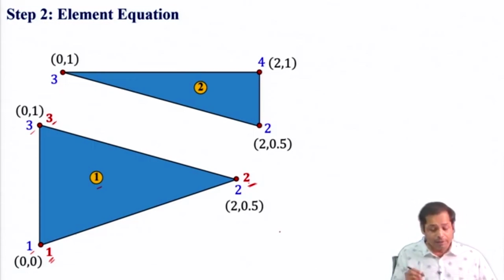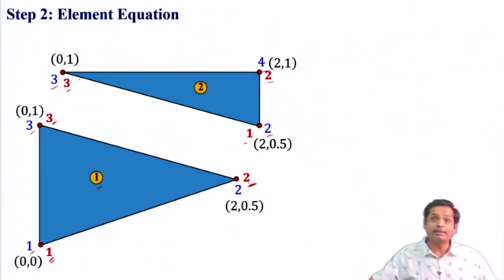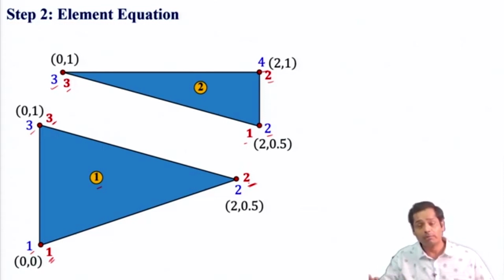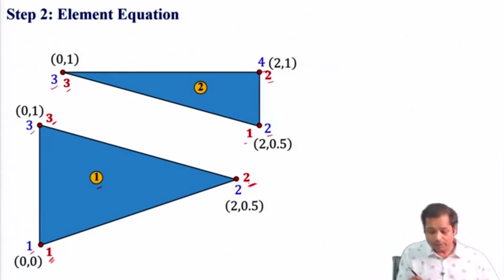Similarly, for element number 2, the blue color indicates the global node numbers 2, 4 and 3, and the element level node numbers are 1, 2 and 3. This is important because when we write the element equation, it is with respect to element level node numbering, but when we assemble them, that assembling needs to be done based on the global node number, right? So we have used this order of numbering in the anti-clockwise direction, 1, 2 and 3 here. It is also 1, 2 and 3.